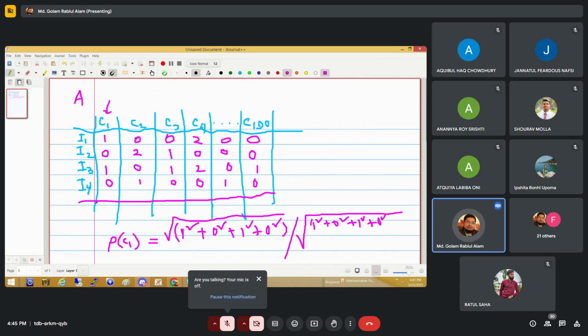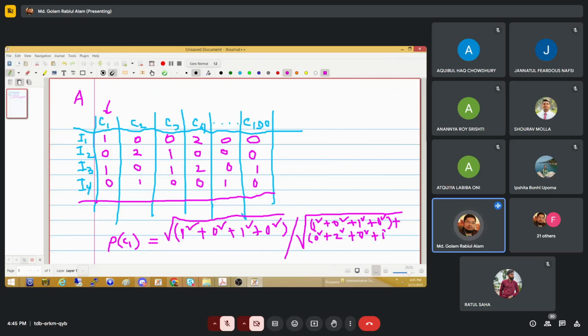That is for column 1. Plus we have to think about column 2 also: 0 square plus 2 square plus 0 square plus 1 square.